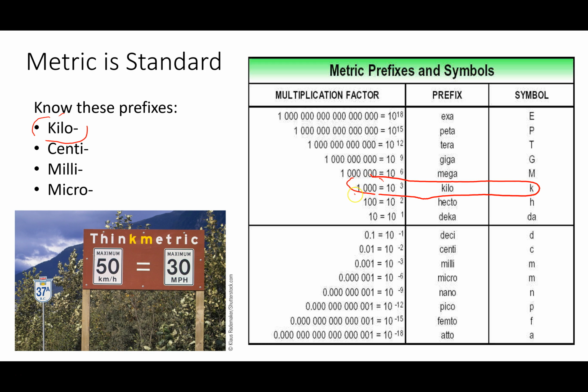It says 1,000 times. I need you to know centi, and centi is smaller than the base unit. It's 1/100th. The symbol for centi is C. I need you to know milli. What's the symbol for milli?